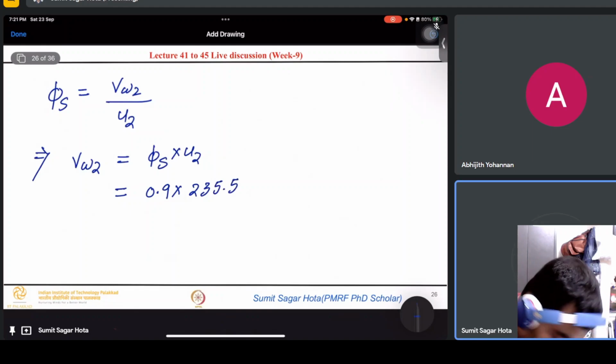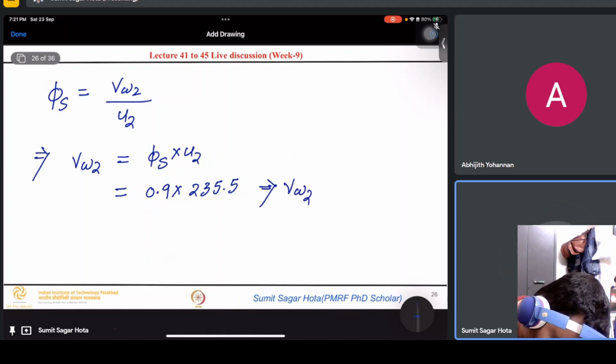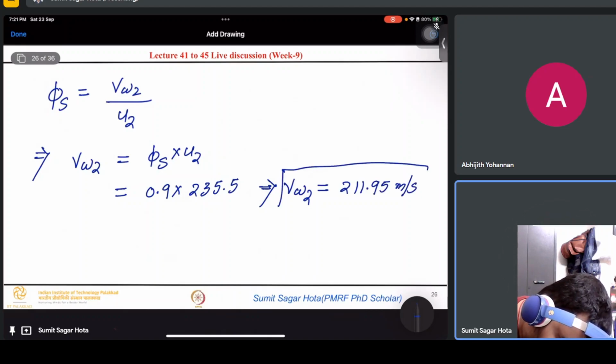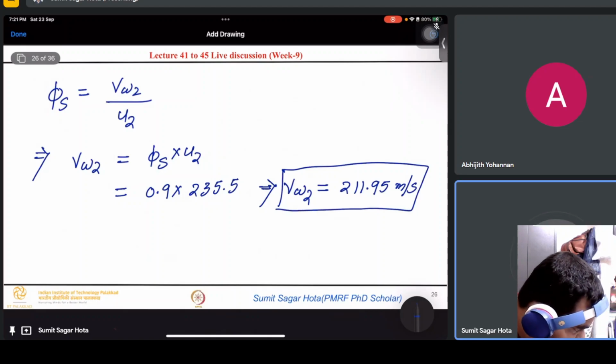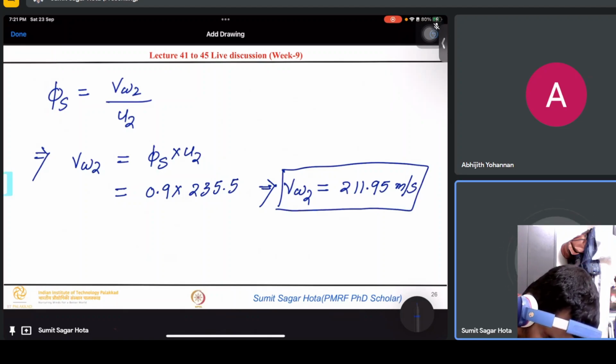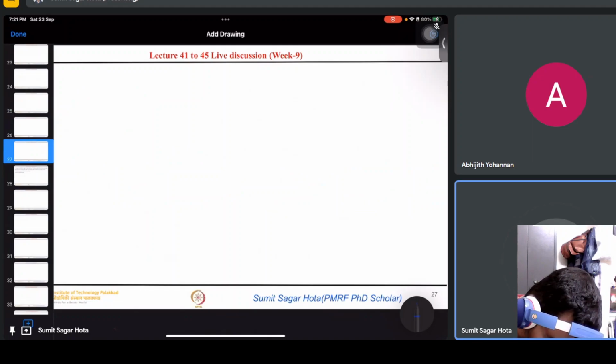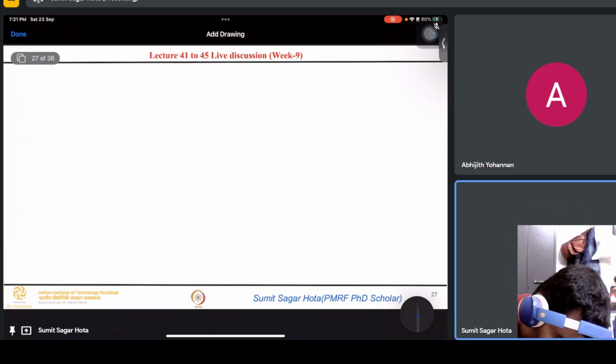So we get BW2 as 211.95 meter per second. So now you have BW2. Why do we need to find out BW2? Because when you apply the trigonometric function of phi, what will be tan phi?